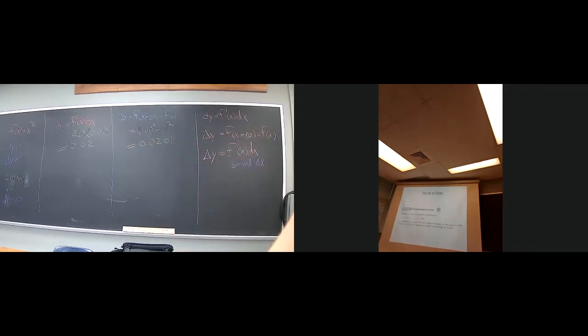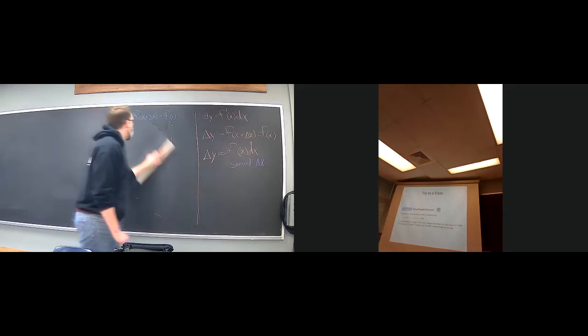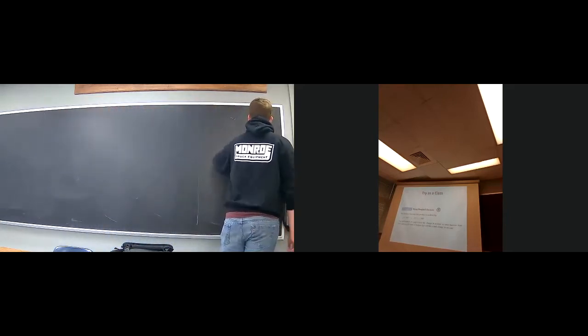So as an example of this, we've got this demand function. So remember, price is set by demand, and that's what we call our demand function. And revenue is going to be price times the amount of product you sell.